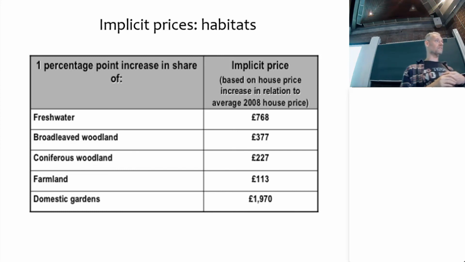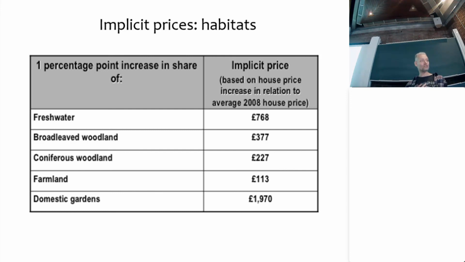If the broad-leafed area goes up, then it increases by 400. Farmland, it increases by 100. So all these things are good, but people would rather live next to a forest than to a farm, right? Is what you see here.